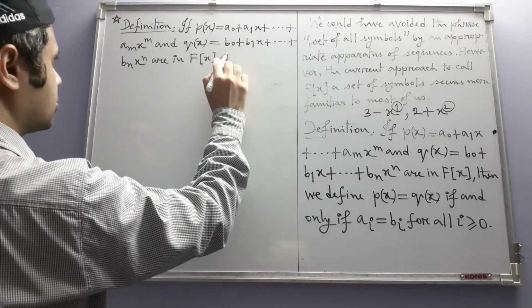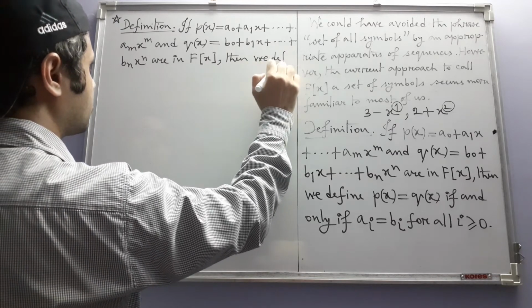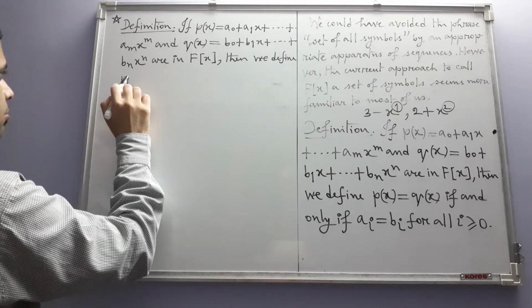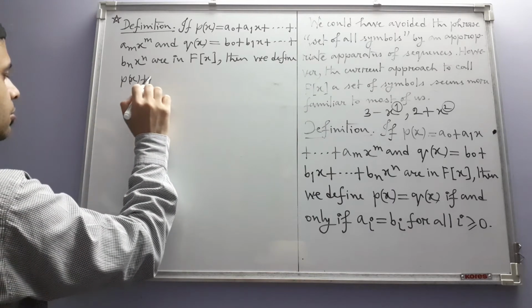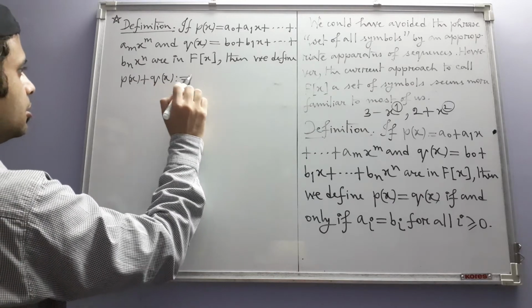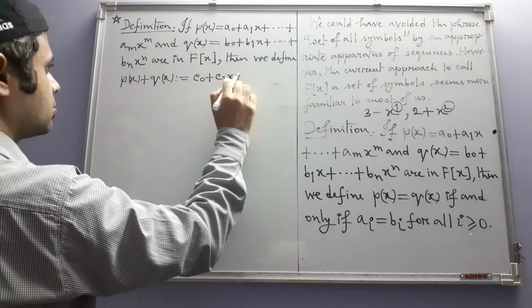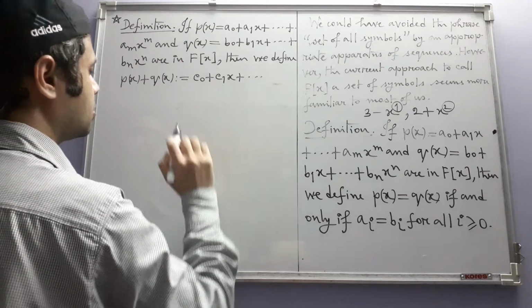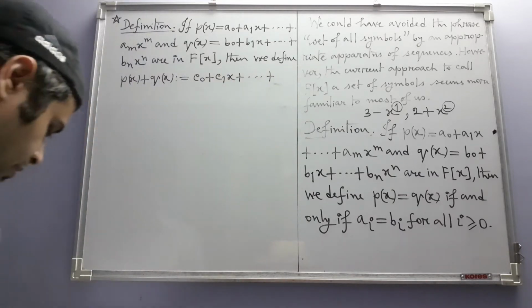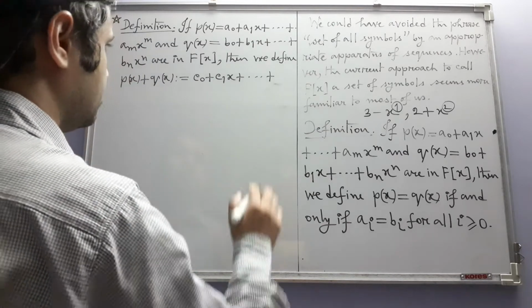Then we define p(x) plus q(x) to be equal to c0 plus c1x etc. plus, actually he has written ct, but then he hasn't said anything about t.